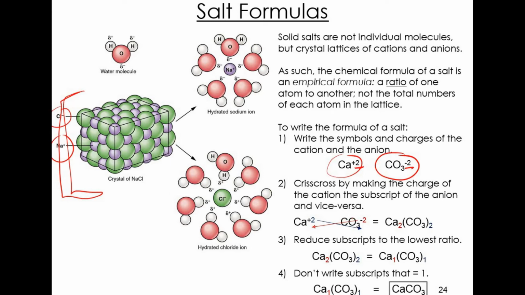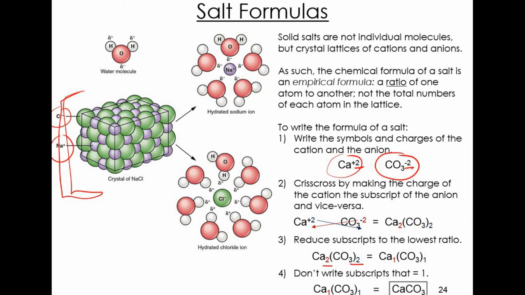You then crisscross the superscripts to give the subscript that each ion will have in the crystal structure. In this case, we have calcium 2, carbonate 2. And now you reduce the subscripts just as we did when we were calculating ratio strengths. And you do this by dividing both subscripts by any factor that they have in common that's greater than 1.